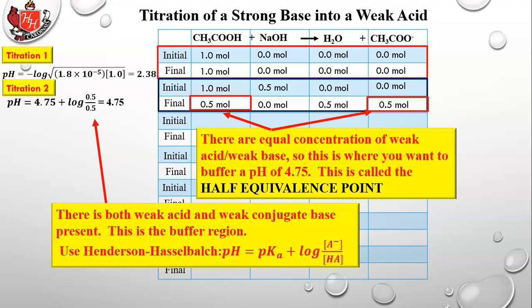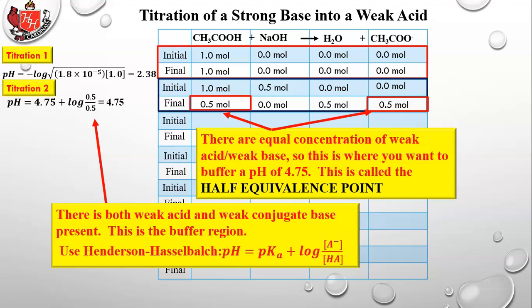So what that means is, if you want to buffer a pH of 4.75, you pick a weak acid, or a weak base, but a weak acid in this case, that has a pKa of 4.75.